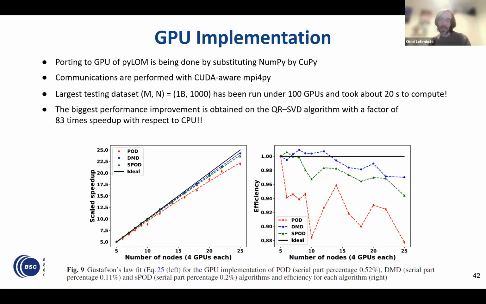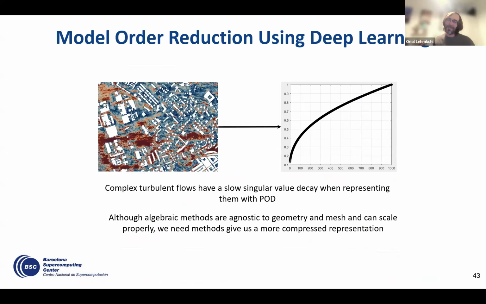And GPUs are very, very nice. If you compare with usually using one core to do this type of analysis, you could go like 80 times faster using the GPU version. However, turbulence is very tricky.